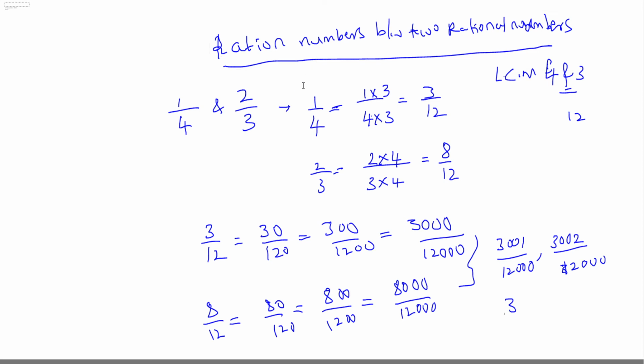Another simple method: suppose x and y are two rational numbers, then x plus y by 2 lies between x and y.